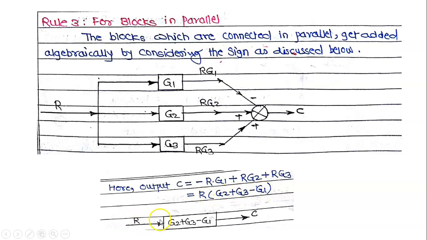Therefore R into this block G2 plus G3 minus G1 is equal to C. Therefore when the blocks are connected in parallel, they get added algebraically by considering the sign. This is rule number 3.